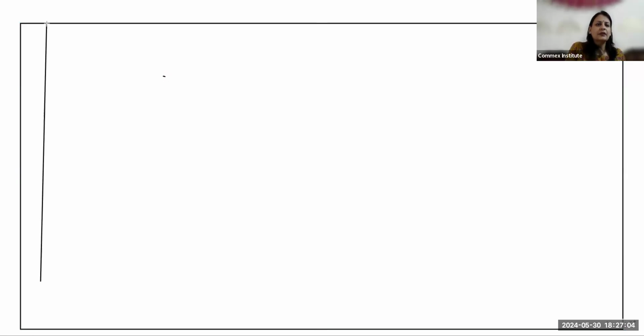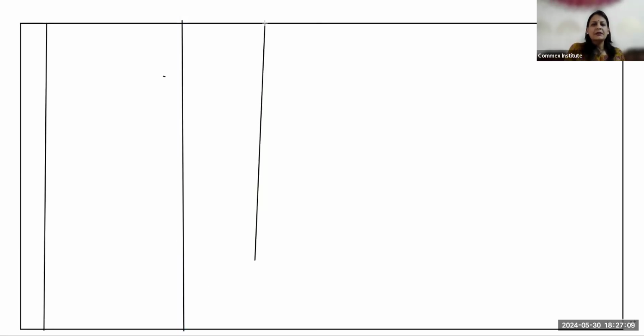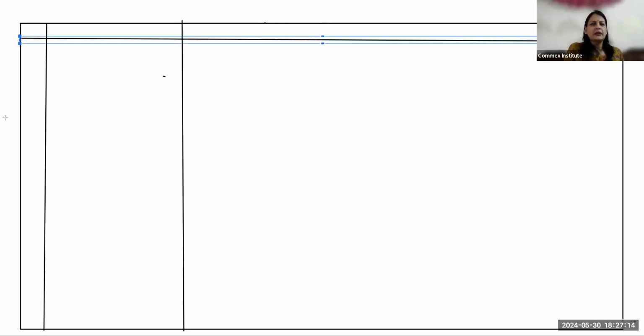We have the serial number, the transaction, cash. We won't draw the lines; we'll just name the column headings because that gives a neater presentation. If you feel like, you can draw the lines also. Then we have the columns as cash and accrued interest, so this is my asset.